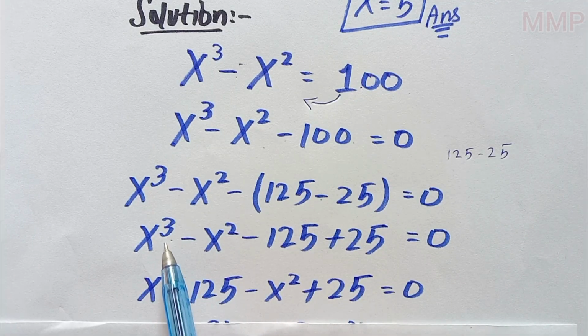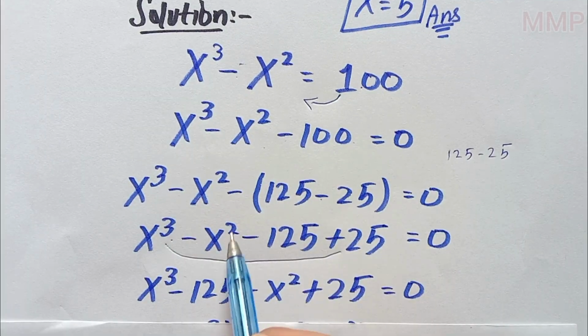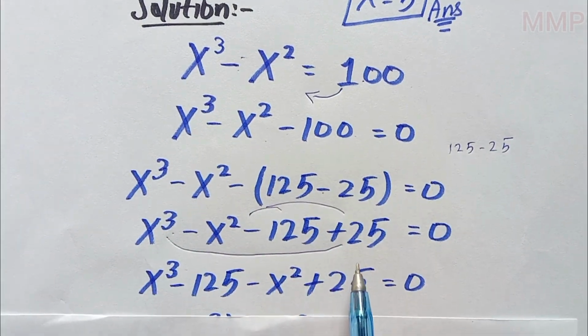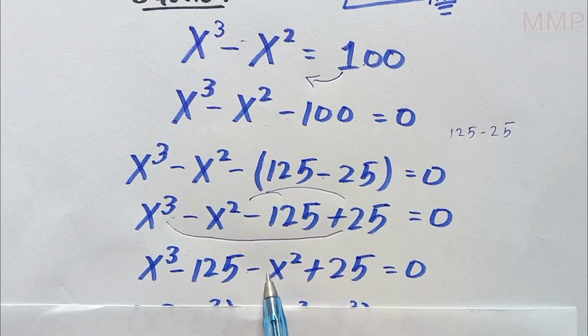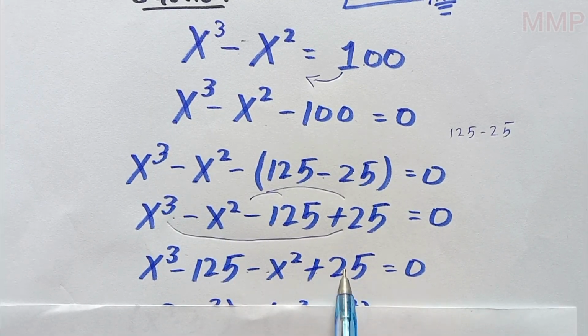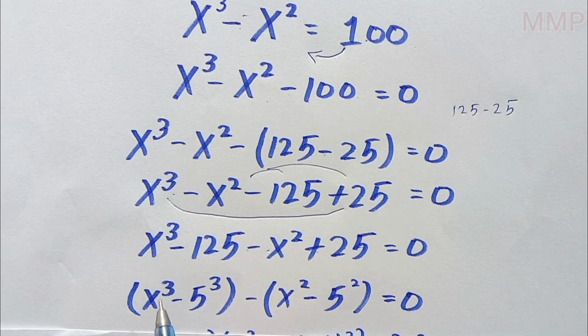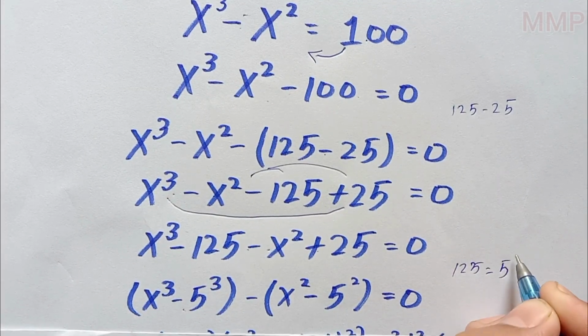In the next step, we rearrange these terms. x cube minus 125 minus x square plus 25 is equal to 0. x cube minus 125, where 125 is also equal to 5 cube.